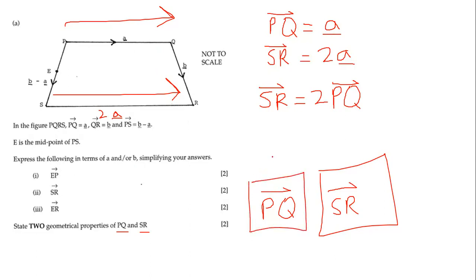And so the vector PQ, with the arrow, is going in the same direction as the vector SR. So about the line segments PQ and SR, number one, we know that the line segment SR is longer, twice as long in fact, than the line segment PQ. What else do we know?